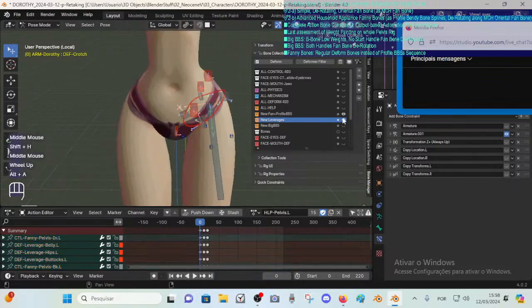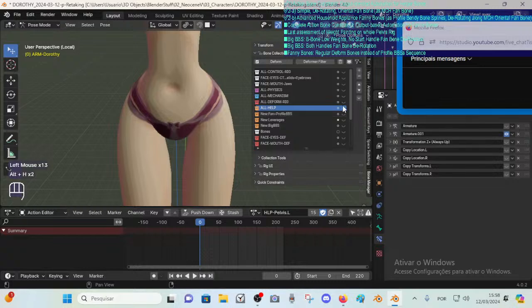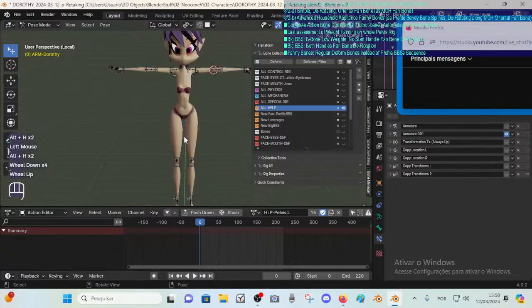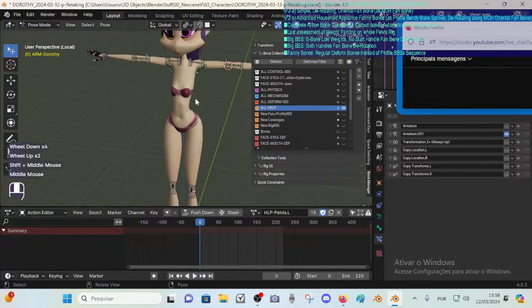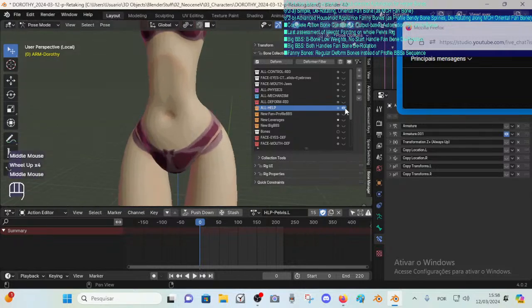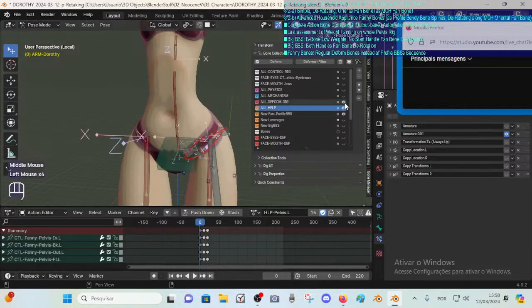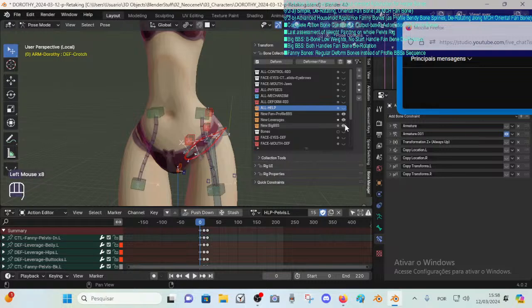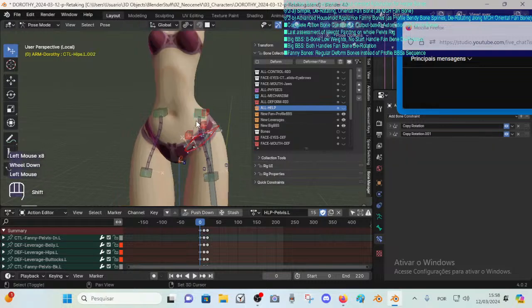Okay, we get this. Apparently there is nothing here. Oh, these are helper bones for other joints. Okay, so this is not what I need. So what I can do here, same here, no, I don't want this for now.